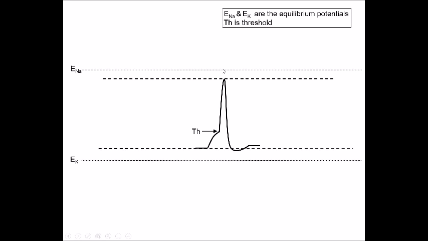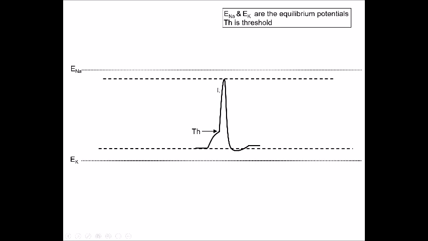But it doesn't go all the way to E sodium. Why? Multiple reasons. Sodium channels show an inactivation. As they open, the structure will change its conformation and they will close, but they'll be in a state which we call inactive state. In addition, voltage-gated potassium channels will start to open up somewhere during the membrane depolarization. Well, if they open, where's the E potassium?